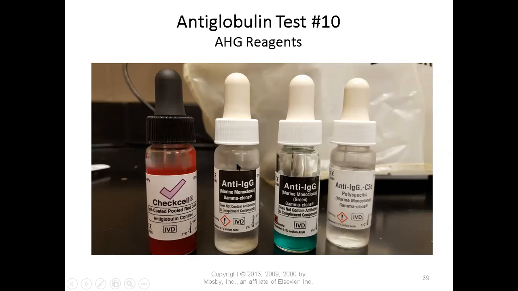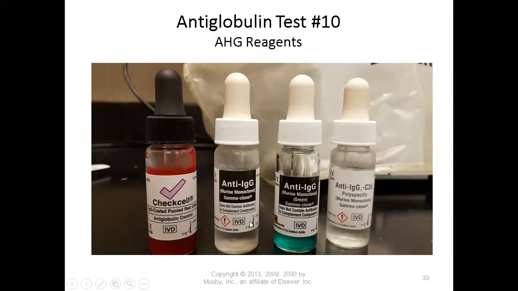Here we see two different bottles of monoclonal anti-IgG. I didn't have a bottle of anti-C3, so you're not seeing that one here. And what you're going to notice is the second bottle is a pretty color. It's kind of like an aqua green sort of color.